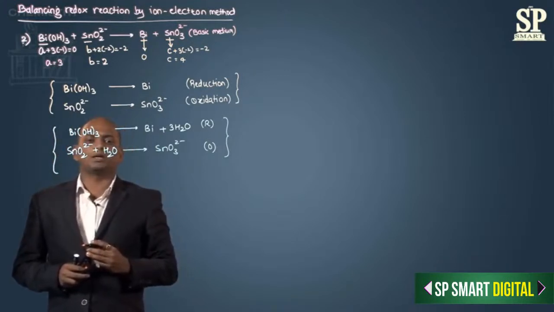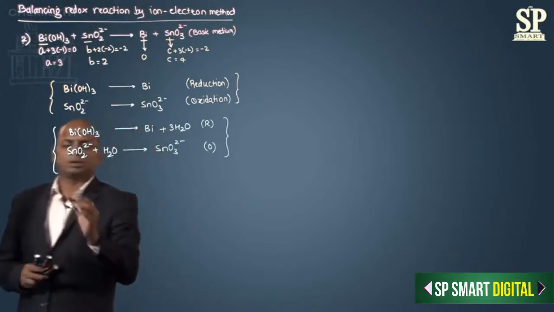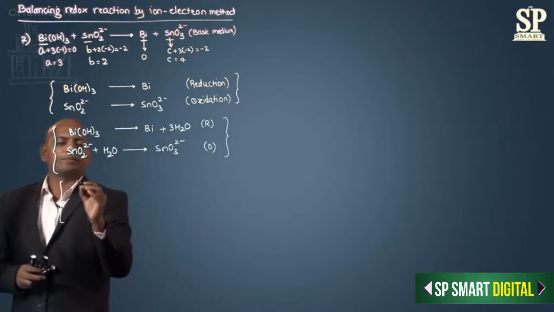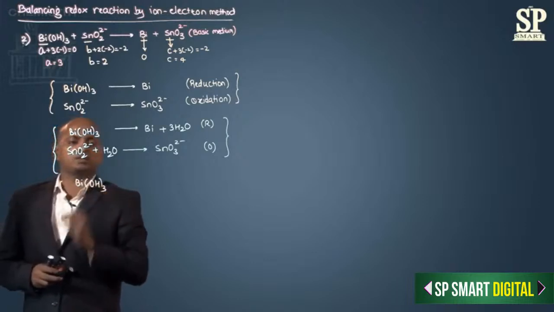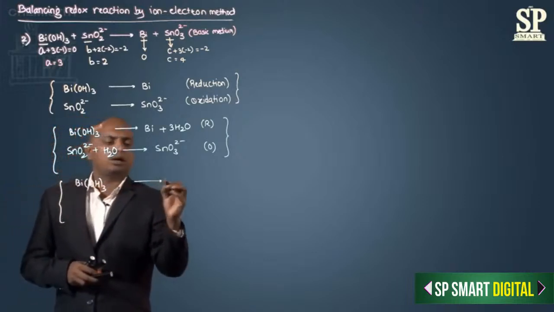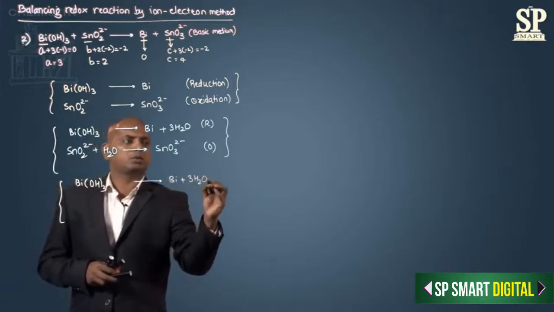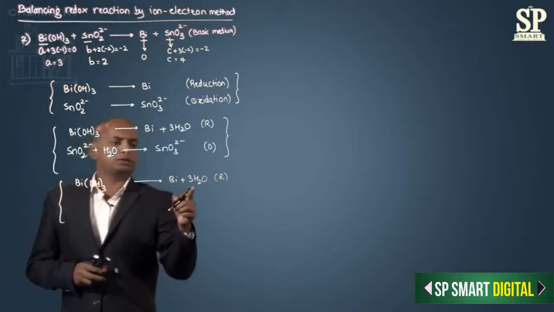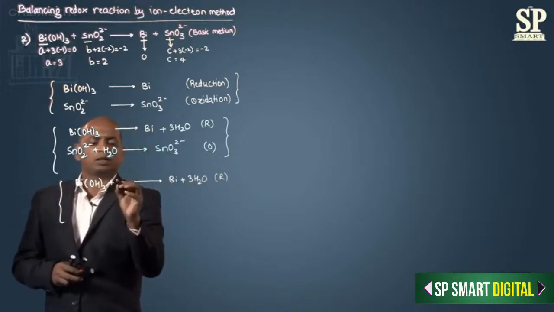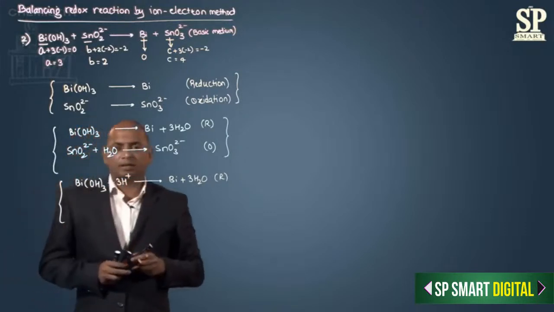For balancing the hydrogen atoms, we are using H plus ions. So, in the next step, Bi(OH)3 changes to Bi plus 3H2O. This is a reduction. So, I should write 3H plus on the left hand side.